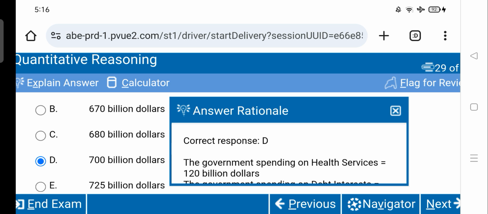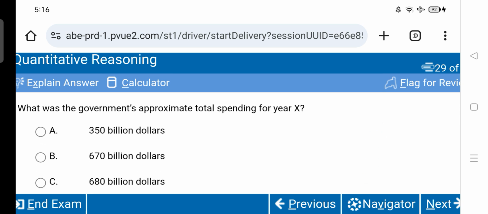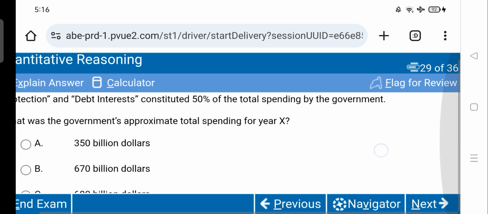That's how we have the correct option, option D, which is $700 billion. This was the government's approximate total spending for year X.